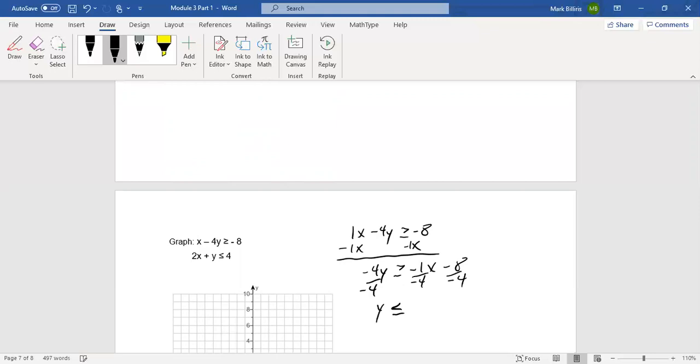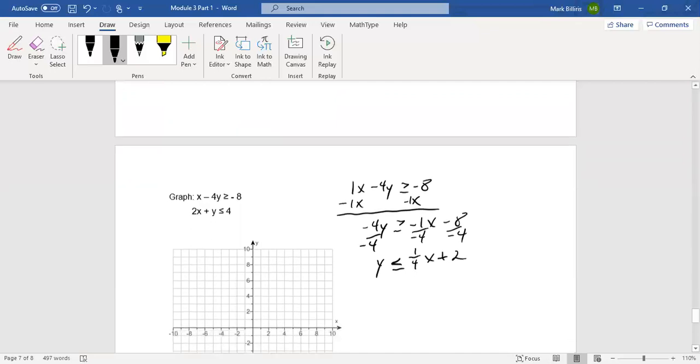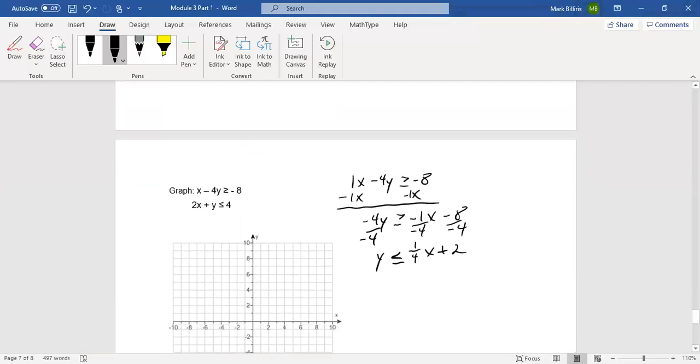So this gives me y is less than or equal to, a negative over a negative is a positive. So that gives me positive 1/4 x, and a negative divided by a negative is a positive. So that gives me a positive 2. Now I'm going to go ahead and circle this. Now I have to put the 2x plus y is less than or equal to 4 into slope intercept form.